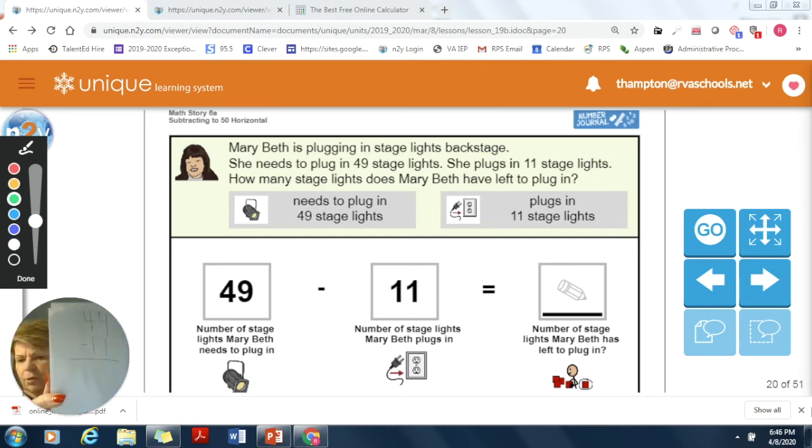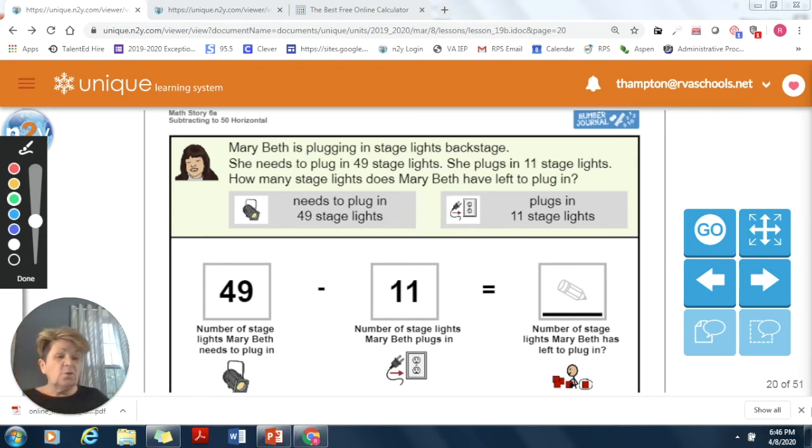So we have 49 minus 11. Now, what is going to be the best way for us to solve our problem? Let's think about that. We could draw our dots. We could draw hash marks for each place value. What will be the best way to solve our problem?